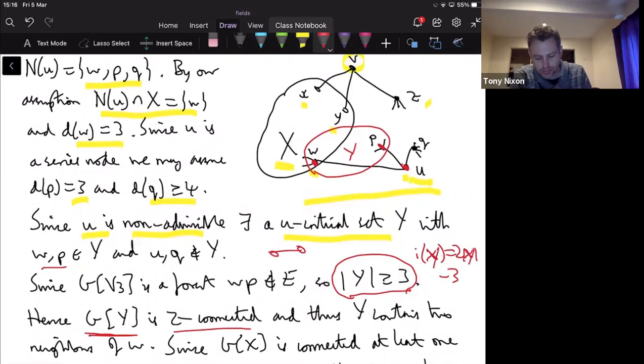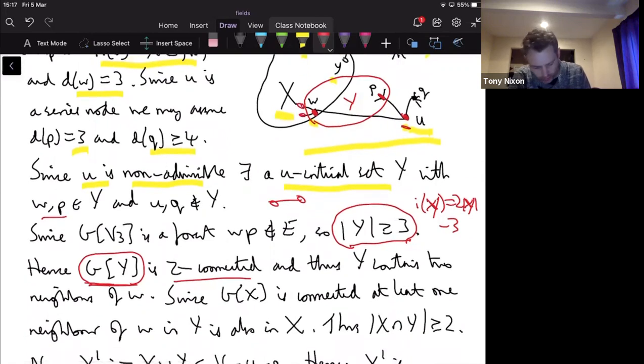Since it's 2-connected, that means that every vertex has degree at least 2 in this graph, G induced by Y. So Y contains at least 2 neighbors of W, but it does not contain U, and W is a node, so it contains these 2 vertices over here.